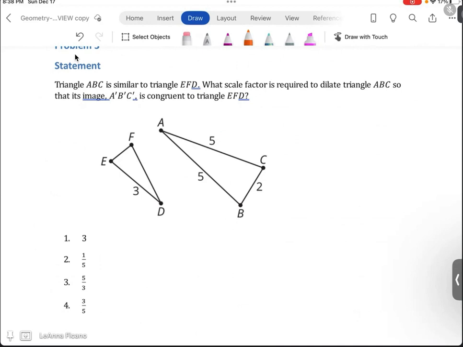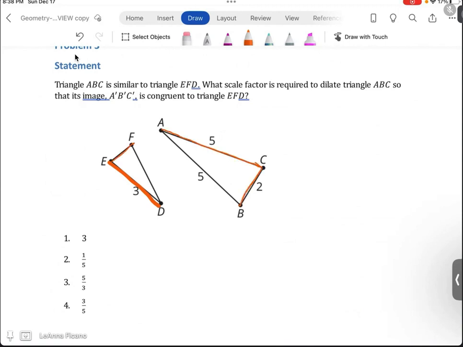So we have ED is proportional to AC, okay, and BC is proportional to EF.